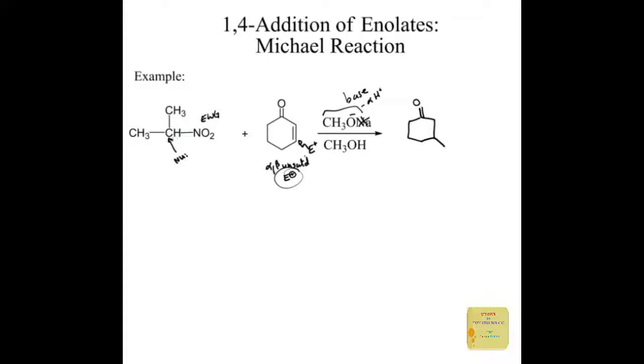Well, we know we're going to deprotonate this CH. So now it's just a carbon. And what else does it have attached? Methyl, methyl, nitro. CH3, CH3, NO2. And there's the product of our conjugate addition, extending to something beyond just ketones, aldehydes, and esters.